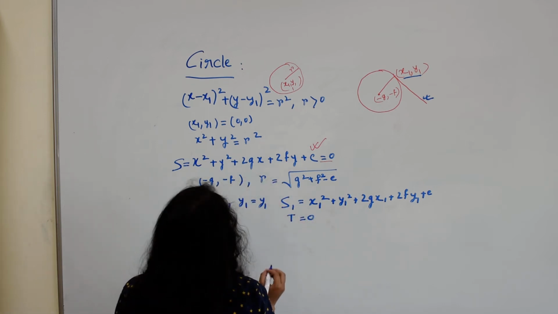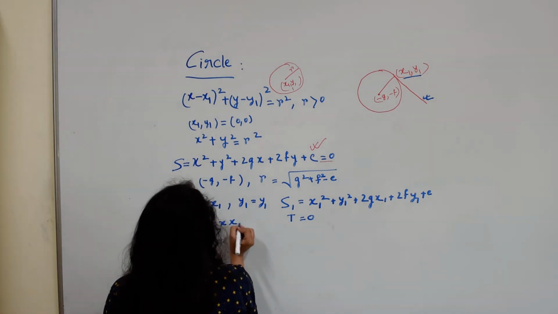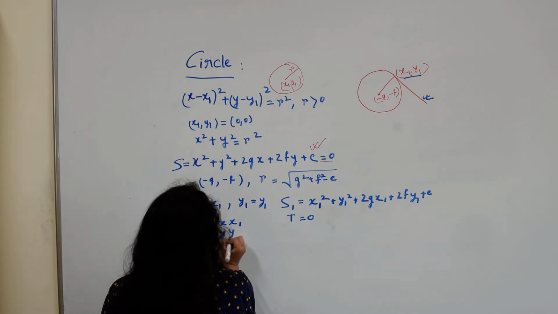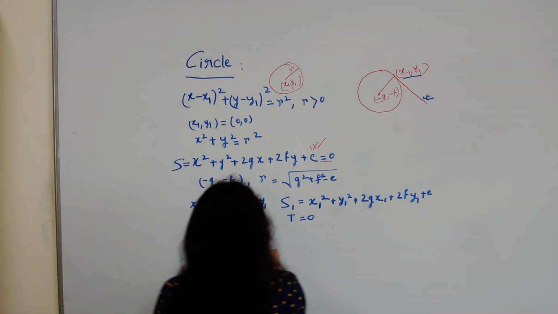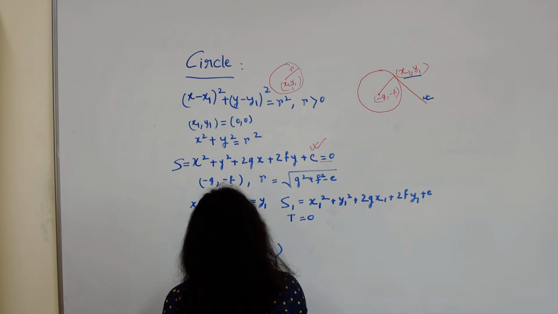So the equation will be of the form: we replace x square by x into x1, similarly y square by y into y1. Then 2x becomes x plus x1, and 2y becomes y plus y1.